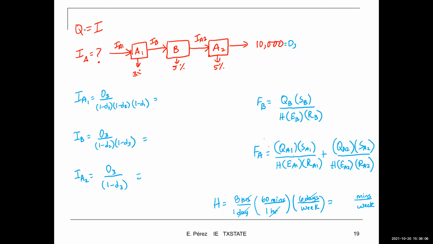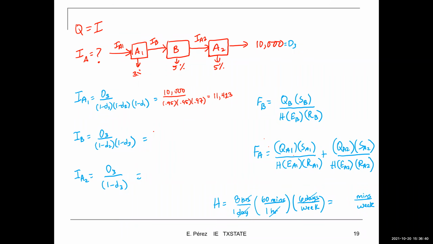So if you needed to compute those values, let me set up the numbers here. This was 10,000 over 0.95 times 0.95 times 0.97. So that was 11,423 units.